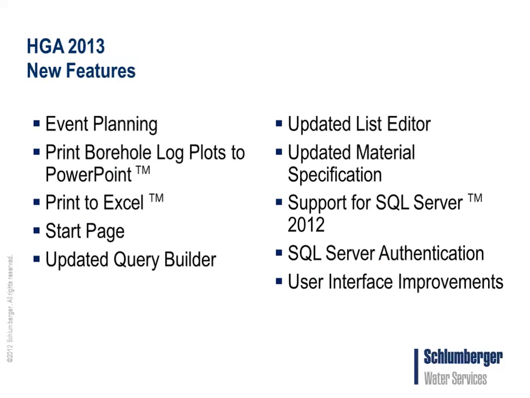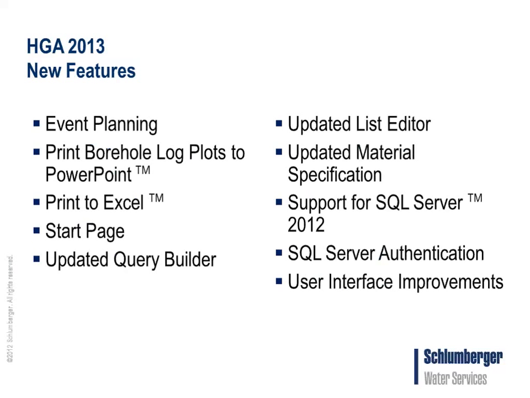So now let's move on to the new features for 2013. HGA 2013 was released at the beginning of March, and I'd like to go through 10 of the main features within the new release, one at a time. There's event planning, printing to PowerPoint and printing to Excel, and a new start page.